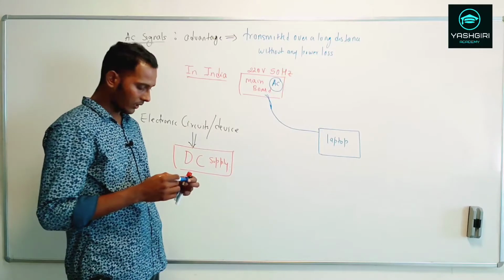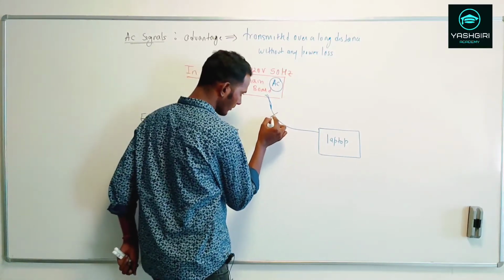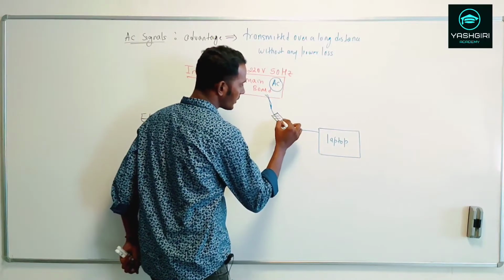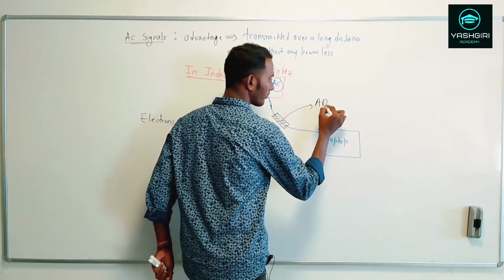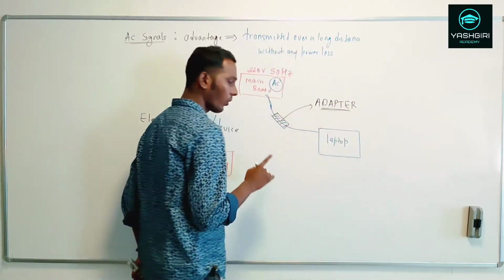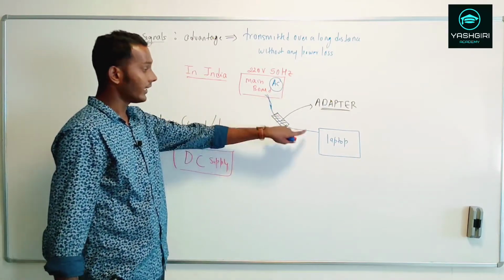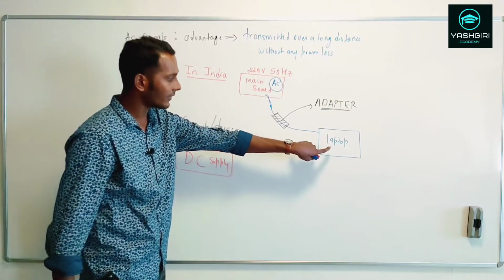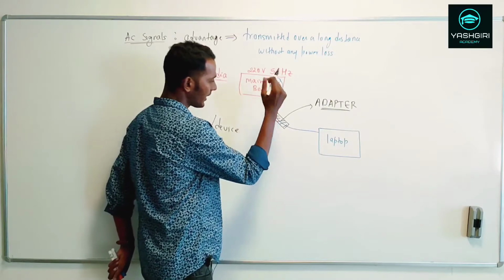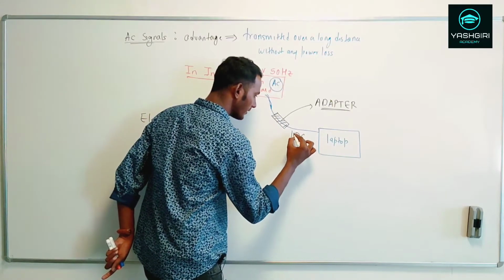But if you have carefully noticed, the charger has a black box. We call it an adapter. Now what is the role of this adapter? The role of this adapter is to convert these AC signals into DC signals, so that at the output of the adapter I get DC signals.